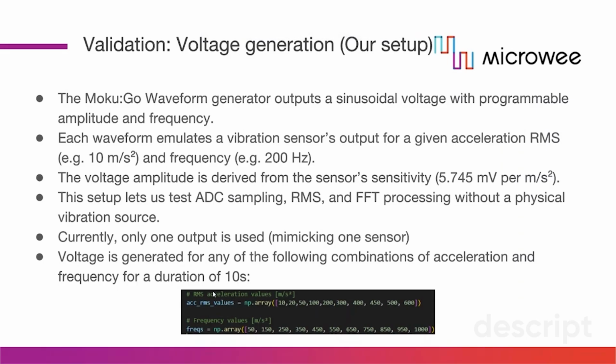We have generated voltages of the combinations that are present in these arrays from 10 meters per second squared to 600 meters per second squared. And this 600 roughly correlates to the plus minus 5 volts output given this sensitivity, and also for frequencies from 50 to 1 kilohertz.